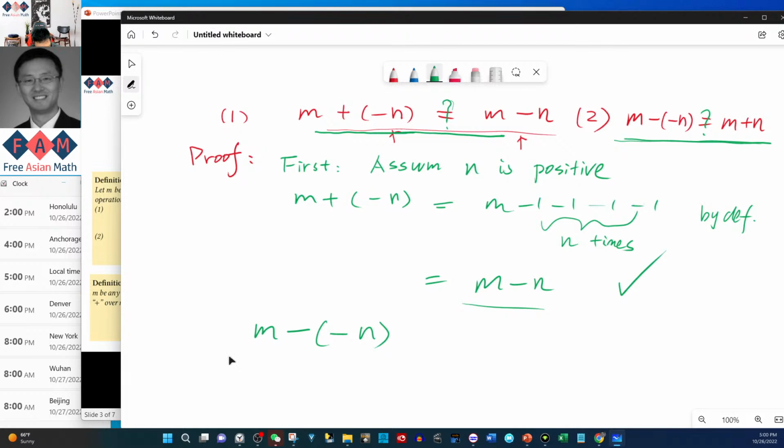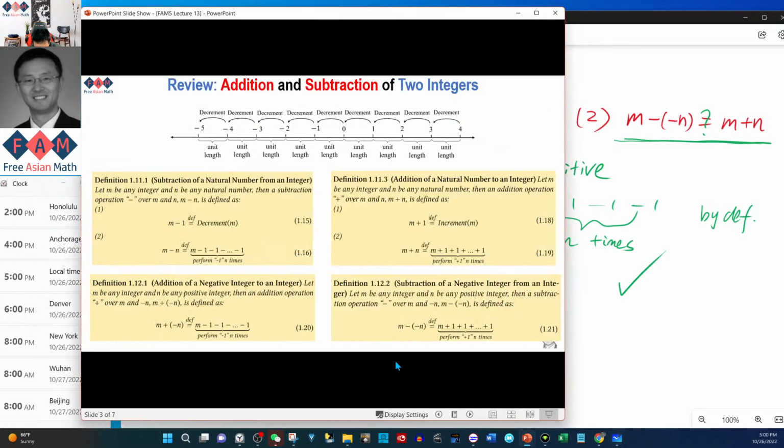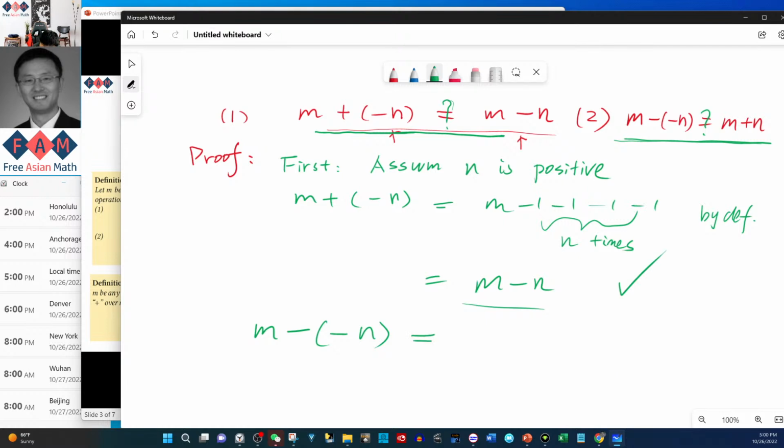Well, again, we have to go back to our definition. It's right here, 1.12.2. This definition tells us that this equals m plus 1 plus 1 plus 1. How many times? We do it n times. This is again by definition.